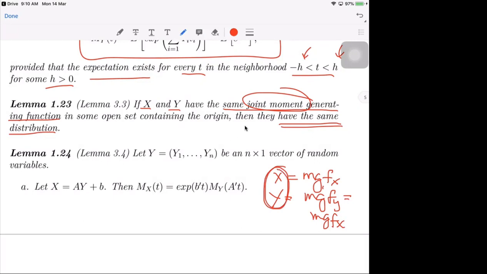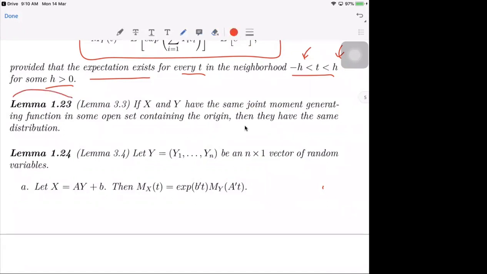So if the moment generating function of x looks normal, and the moment generating function of y looks the same as that of x, say normal, then x and y have the same distribution, or both of them are normally distributed.